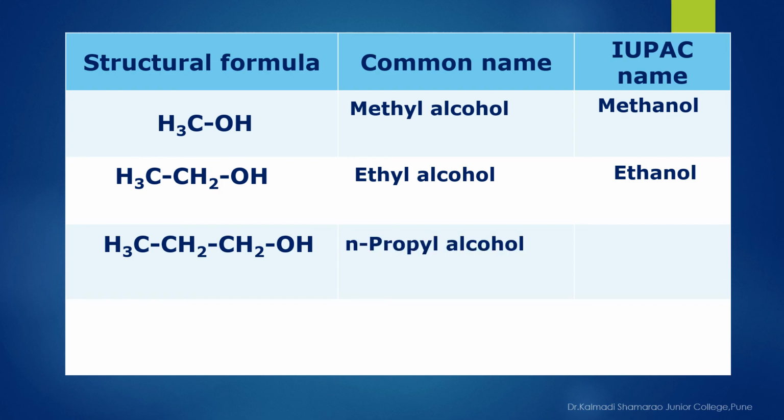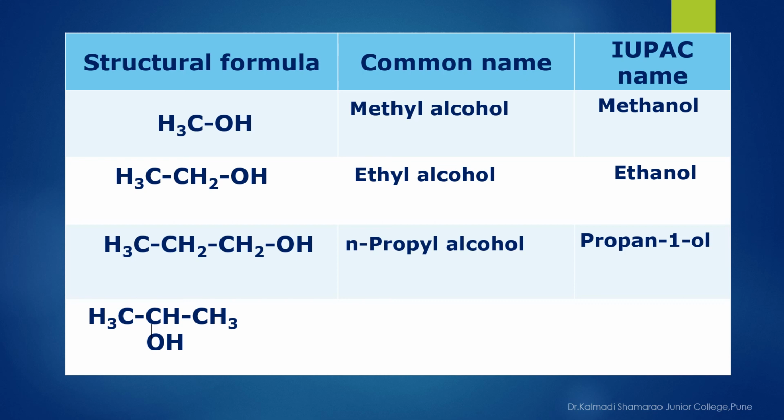CH3CH2CH2OH. N-propyl alcohol. Here the N stands for normal, since the carbon chain is a straight chain to which the hydroxyl group is attached. According to IUPAC name, the hydroxyl group is attached to the carbon bearing number 1, therefore said as propan-1-ol.